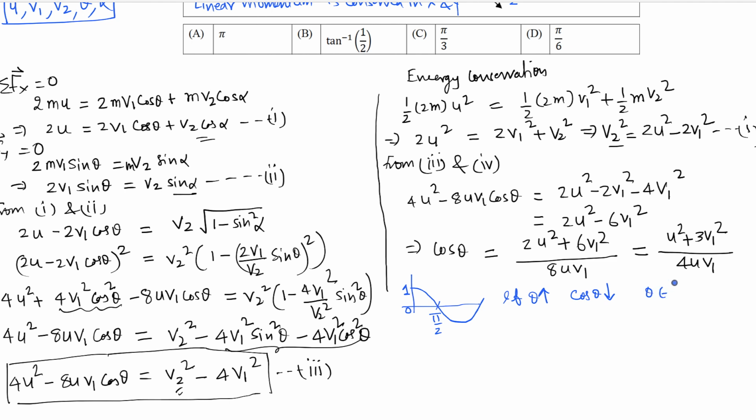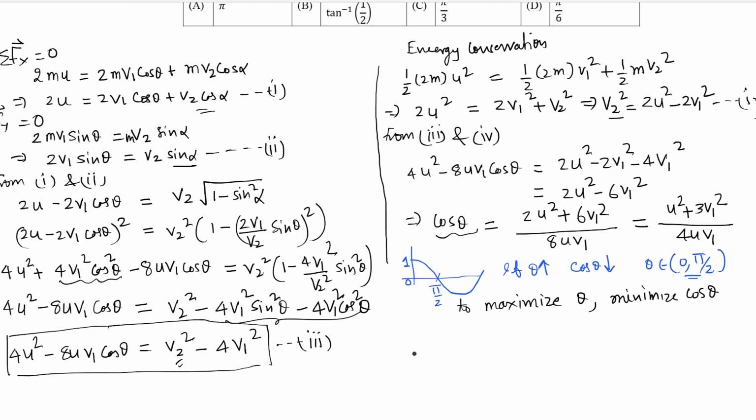Let's say theta is in 0 to pi by 2. As we keep increasing theta, cos theta decreases in this range. To maximize theta, we can minimize cos theta. So we need to minimize this.